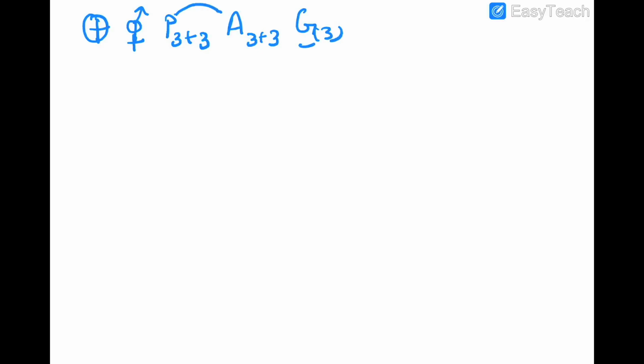Now on the basis of the floral formula, we will draw the floral diagram. First of all, let me write the floral formula again. This is epiphyllous. So let me now draw the floral diagram. First of all, it has perianth, meaning no easily distinguishable sepals and petals, which are in 3 groups.